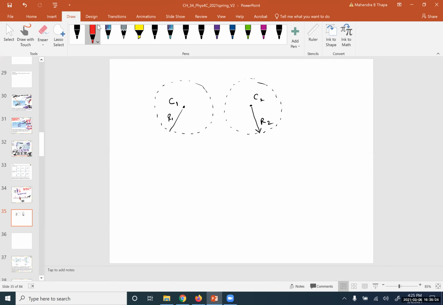Then we can consider this part, like this. This will be considered as a concave lens.